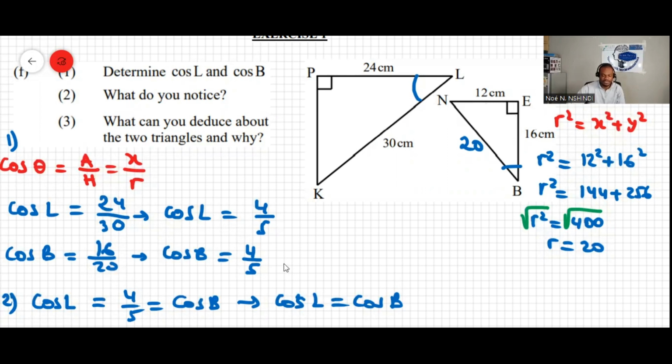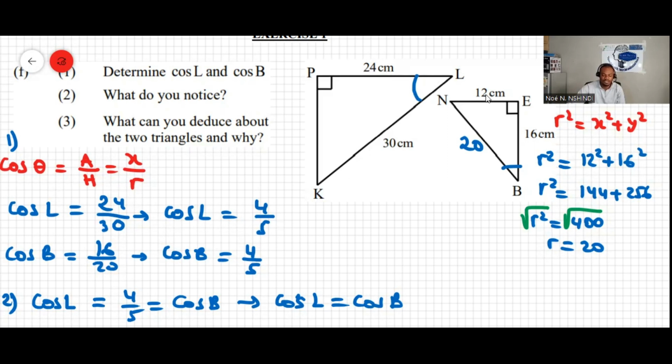We can clearly see that this triangle is bigger than the other. Looking at the adjacent side, this side is between 90 degrees and the angle L, so the side adjacent to L is 24.